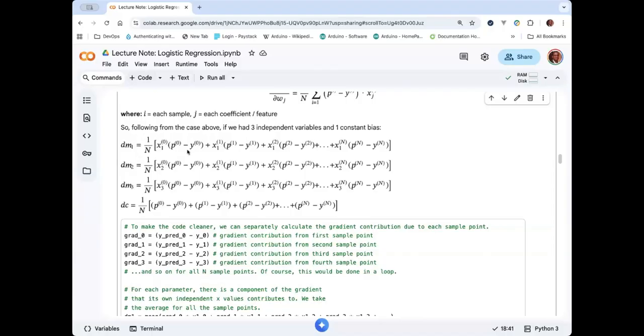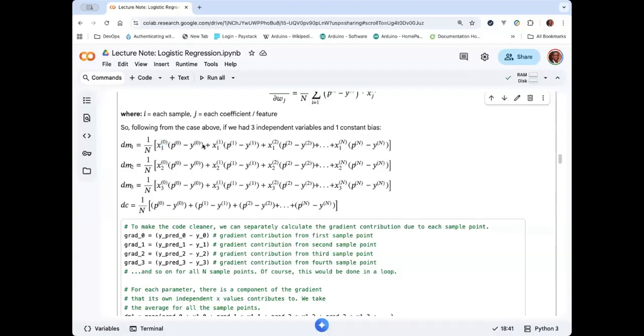And this is the calculation. It's going to be p minus y, which is saying y hat minus y, basically, times x for these data points, times x1. Remember, we are calculating the contribution of gradient m1, so it has to sum up all the contributions of x1 for all the data points.